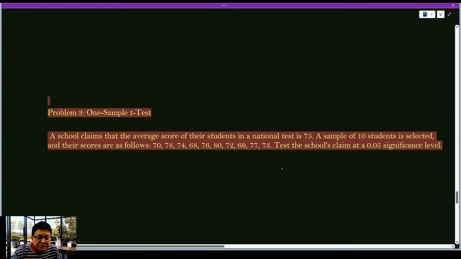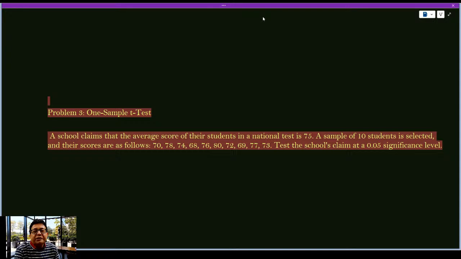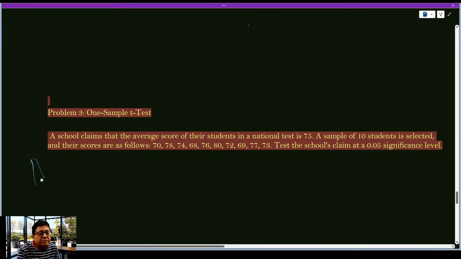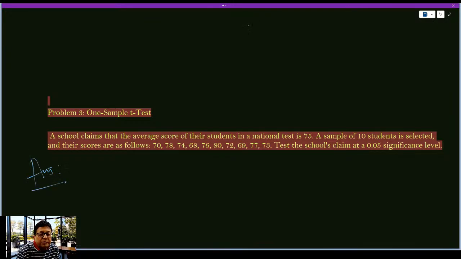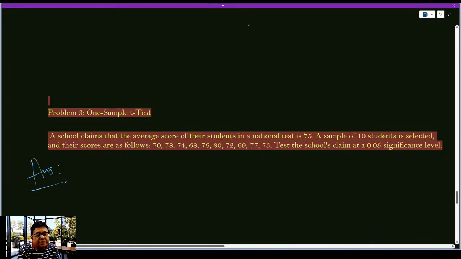Okay? So let us go step by step. What to do there? You need t equal to x bar minus mu by, and x bar is what? This mean.